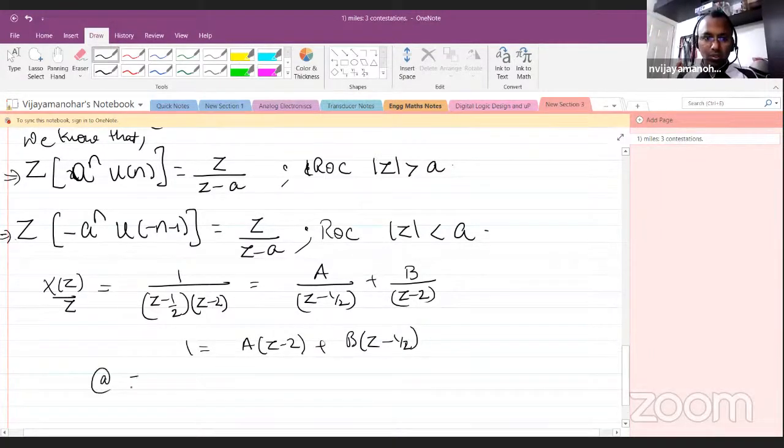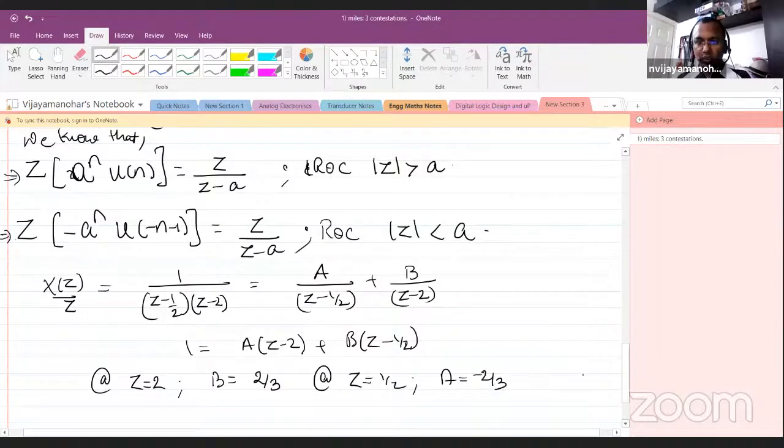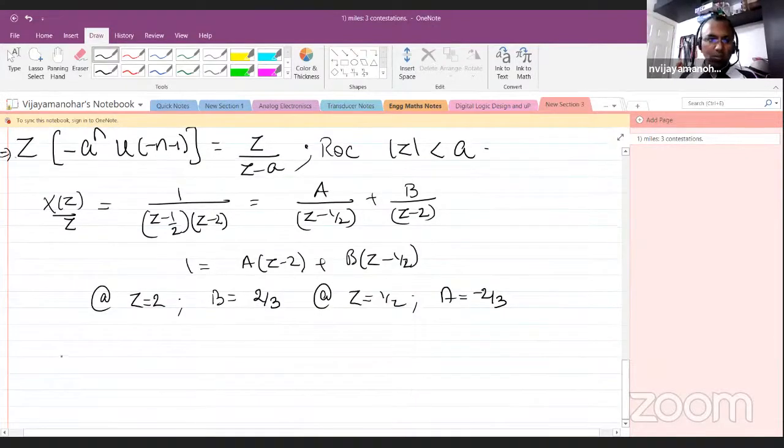So at z equal to 2, I will get b equal to 2 by 3. At z equal to 1 by 2, I will see a equal to minus 2 by 3. So what will I get? I will get x of z equal to, I can keep 2 by 3 common outside.